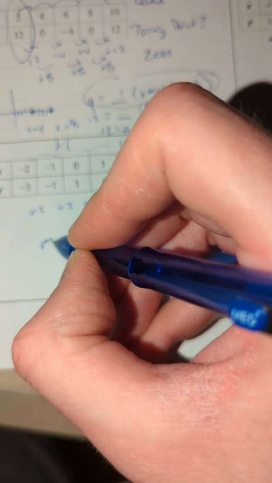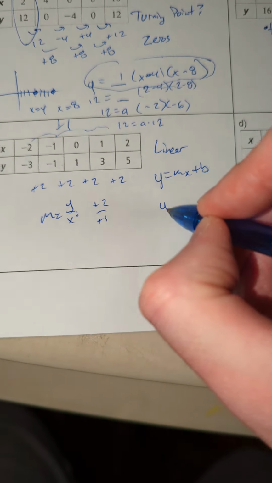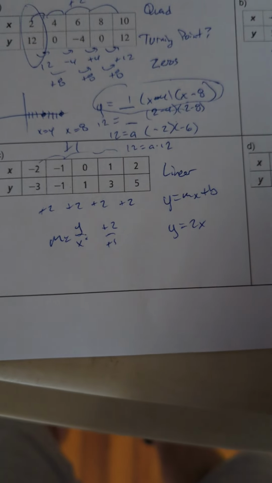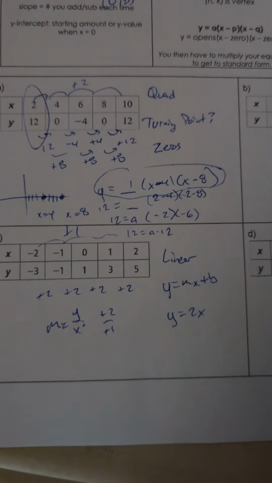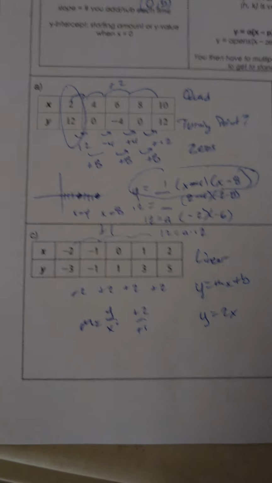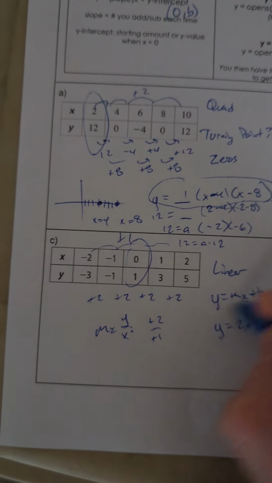So my m is change in y over change in x, which in this case is plus 2 over plus 1. Y is equal to 2x. And then what is my b value? Well, my b value is 0 comma. So in this case, it's plus 1.